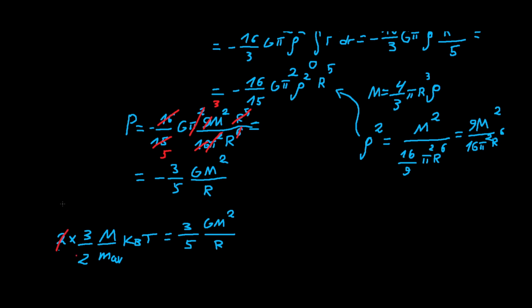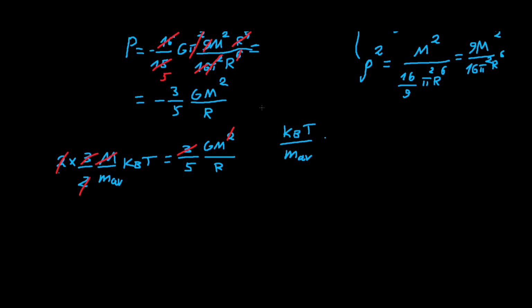Over here, the 2's cancel, the 3's cancel, and one of the M's cancels, and so we're left with k_B T over m average equals G M over 5r.